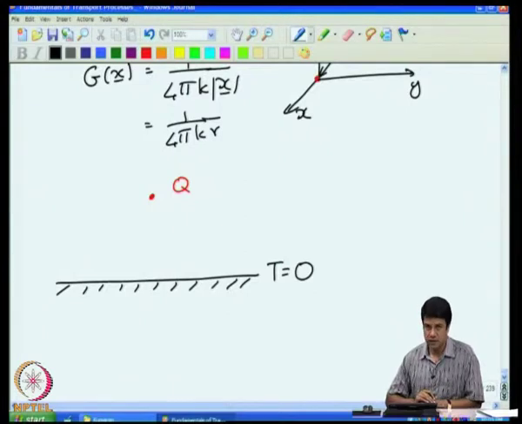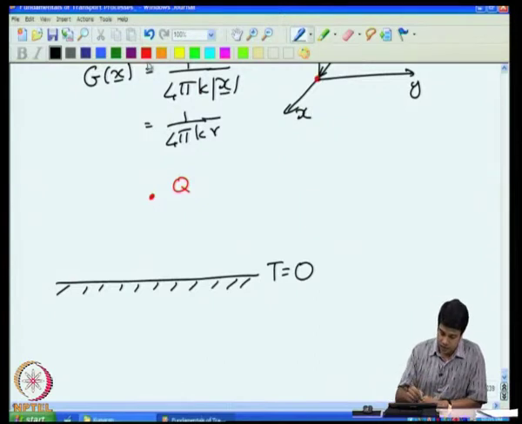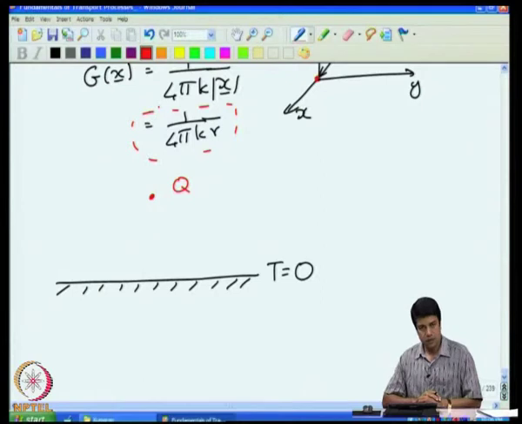Obviously, the temperature field is not going to be equal to the temperature field due to a point source in an infinite medium. In that case, we have already got the Green's function here. However, to get the temperature field in a finite domain, I can use symmetries. So, T is equal to 0 here.